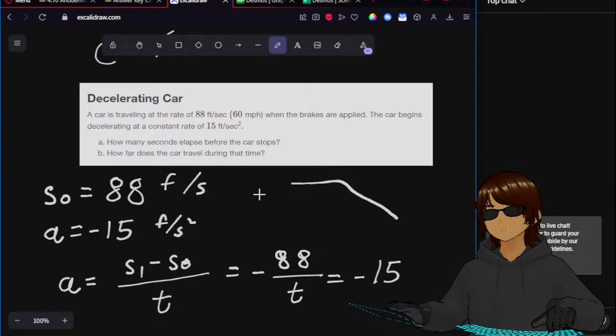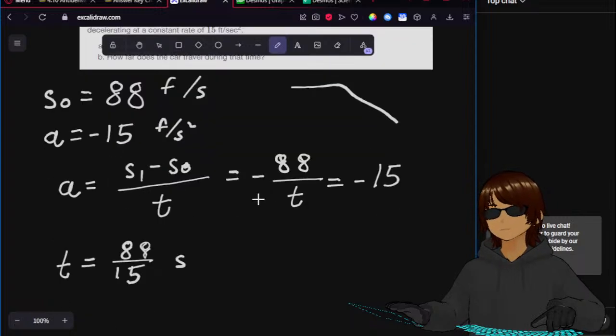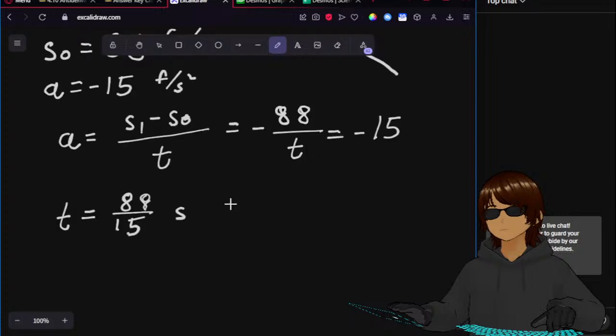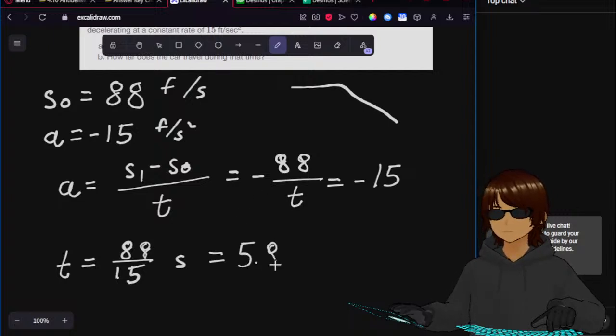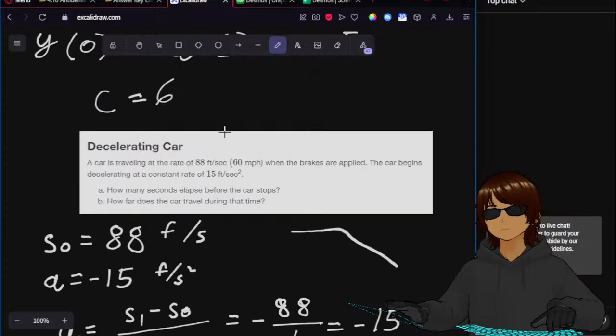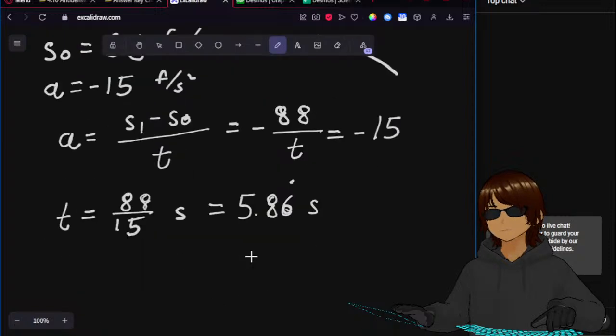How far does the car travel in that time? Do I have a calculator next to me? 5.87. Actually, it's repeating 6. So how far does the car travel during that time?